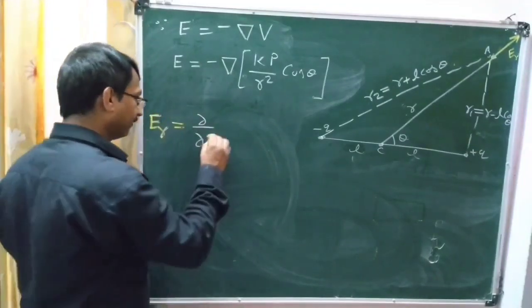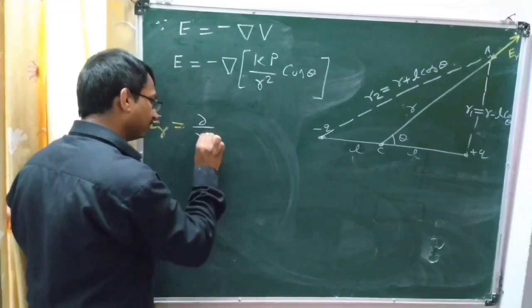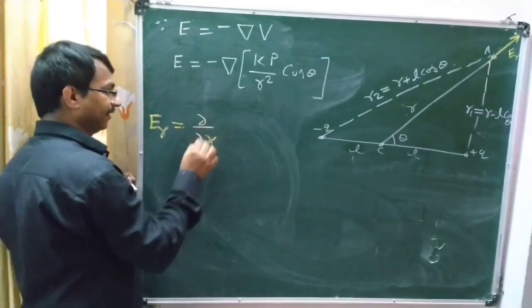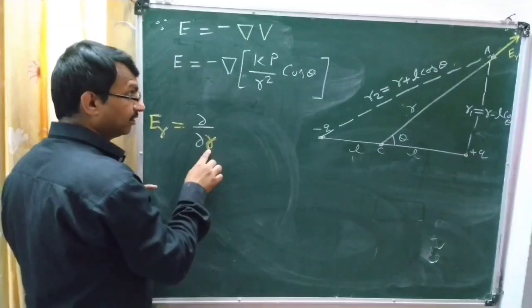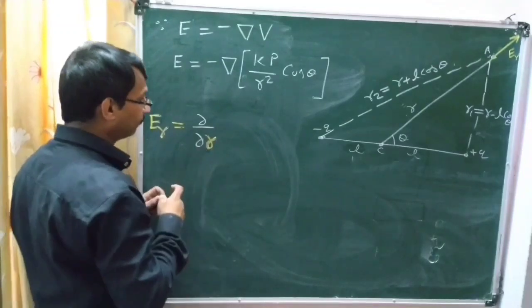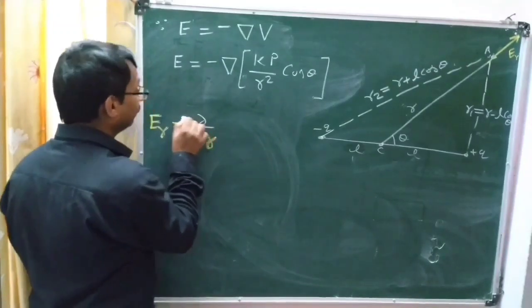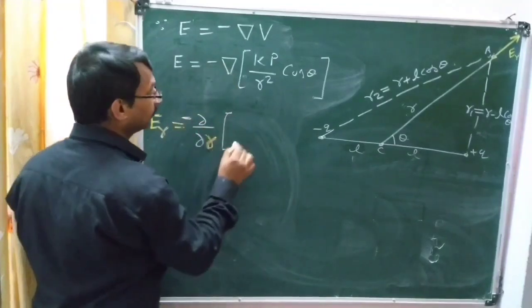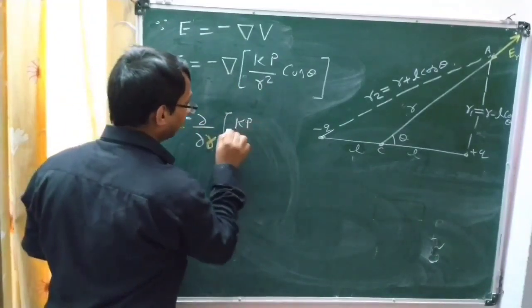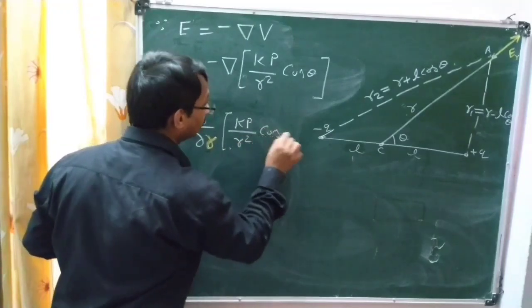In terms of differentiation, this is called partial differentiation with respect to r. Minus is there because this is minus, Kp upon r square cos theta.